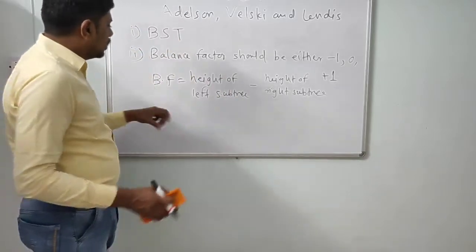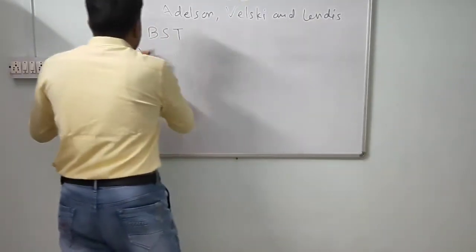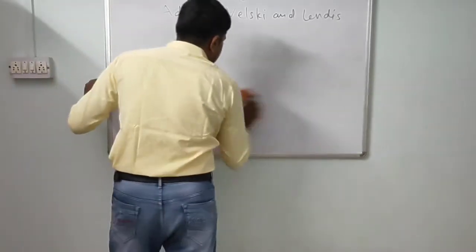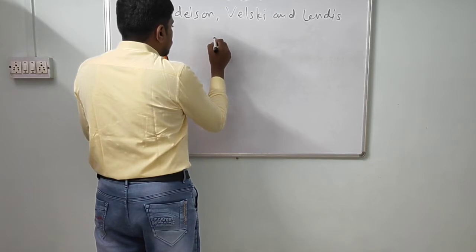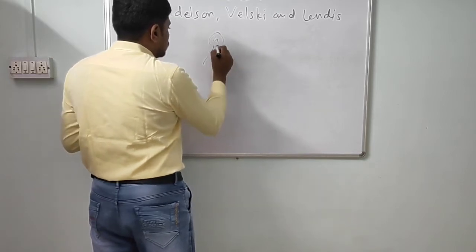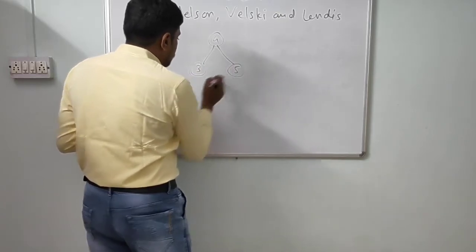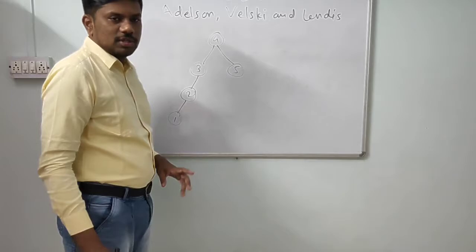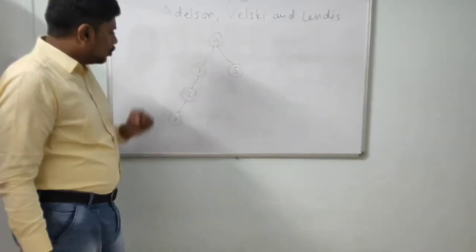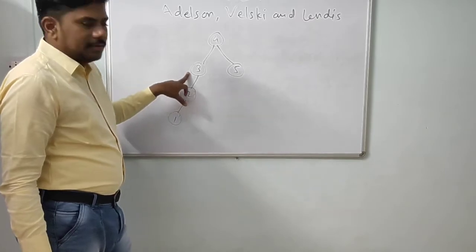Now we'll revise what is meant by the height concept, height of node or height of tree, with the help of an example. So consider, suppose this is a binary search tree, and suppose I want to find out the height of 3.